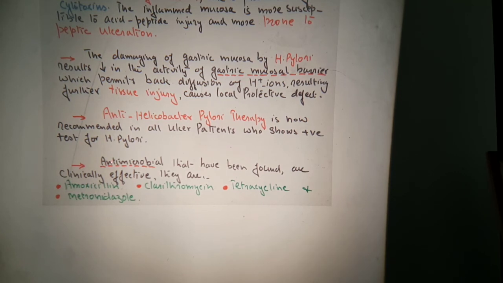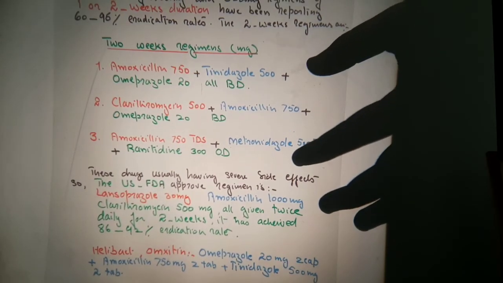These are antimicrobial drugs that have been found clinically effective: amoxicillin, clarithromycin, tetracycline, and metronidazole. These antibiotics can be used against Helicobacter pylori to kill it or to inhibit its growth, right?